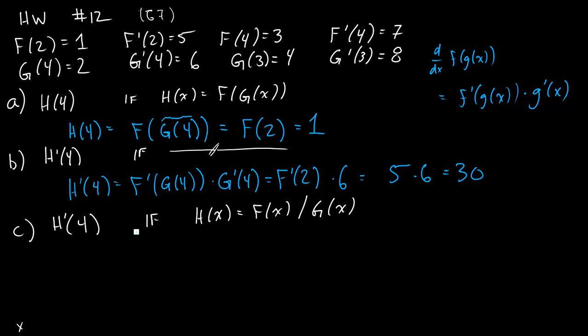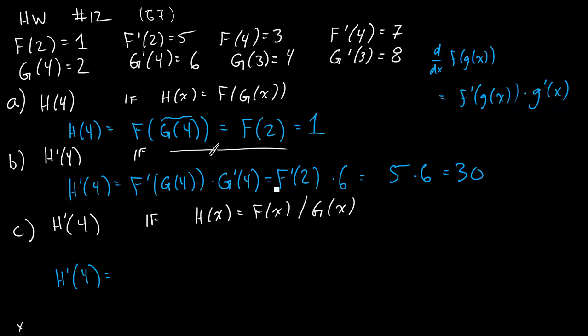All right, and one last one. It changes what h is this time. It says h is f divided by g, and wants us to find h prime of 4. So for h prime of 4, instead of following the chain rule this time, we're going to follow the formula we learned from this section, which is just the quotient rule, right?